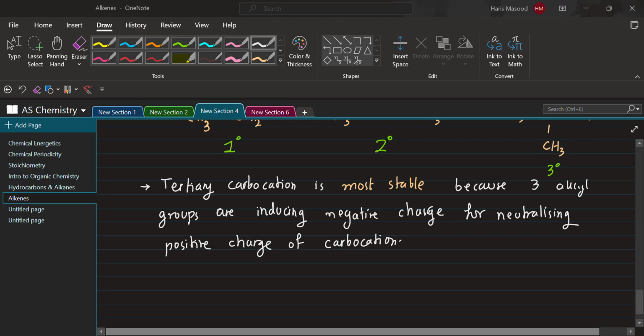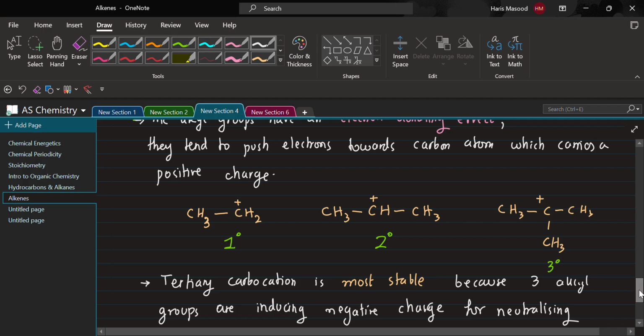Okay, so what does this whole concept have to do with Markovnikov's rule? When an electrophile is bonded in such a way that a tertiary carbocation is produced, this can only happen if the hydrogen attaches itself to the carbon with the most hydrogens.